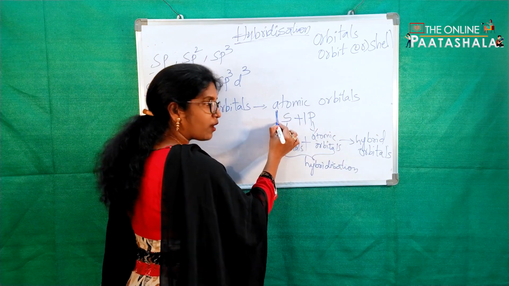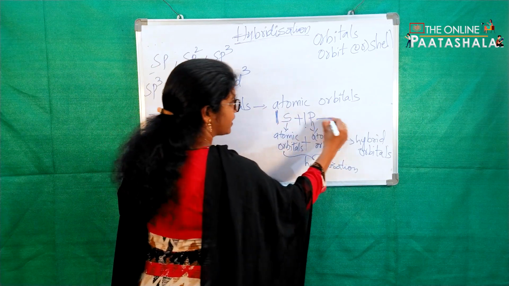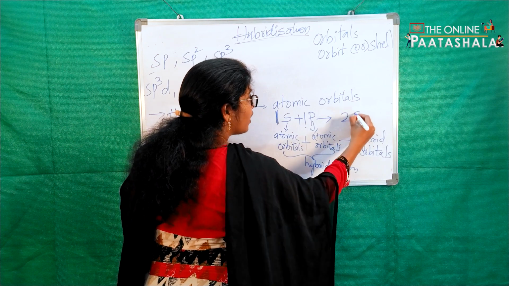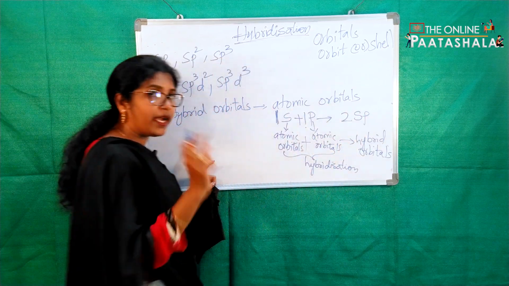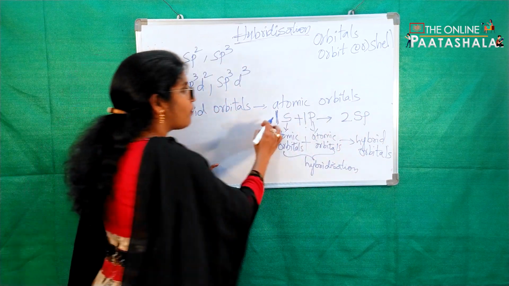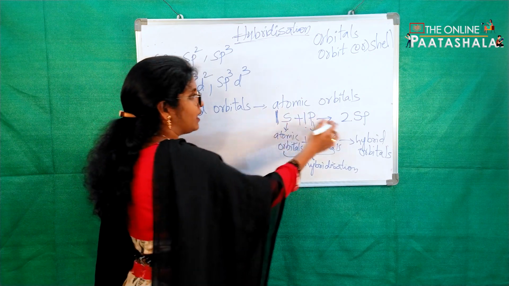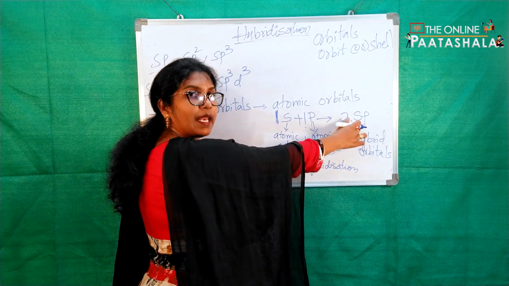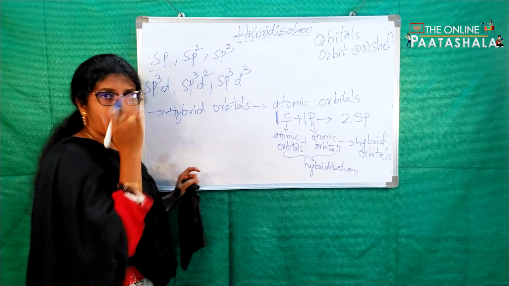Here one s orbital and one p orbital give two sp hybrid orbitals. That means the number of atomic orbitals gives the number of hybrid orbitals.